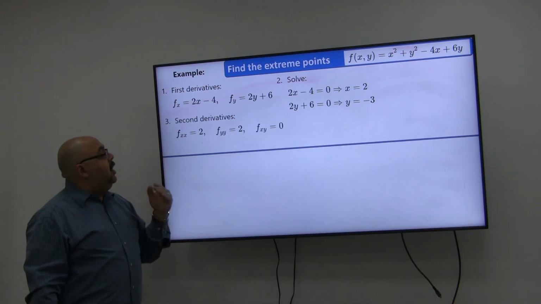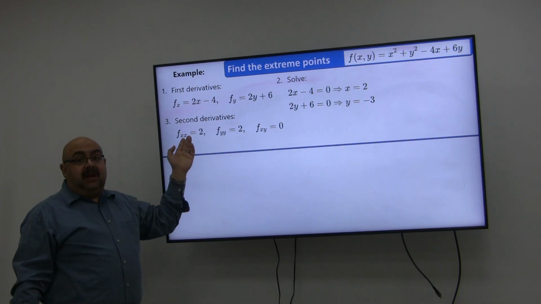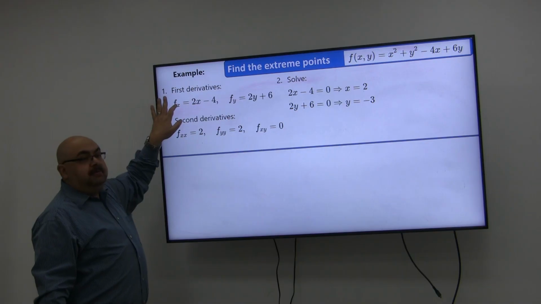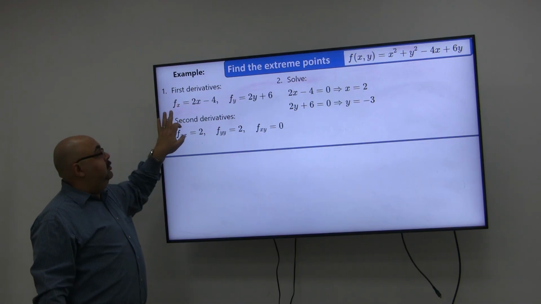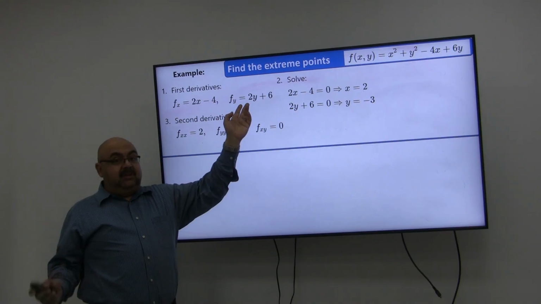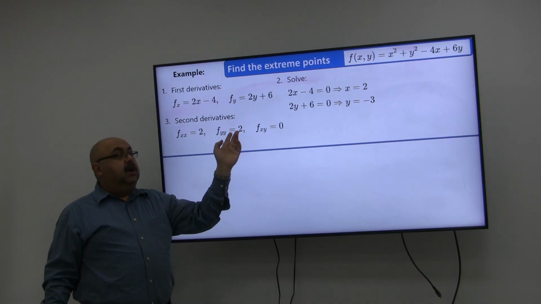Now I will have to move quickly and get the second derivatives. That's the third step. I will differentiate with respect to x one more time, and it's going to be 2. Differentiating with respect to y another time, the second derivative is also equal to 2.